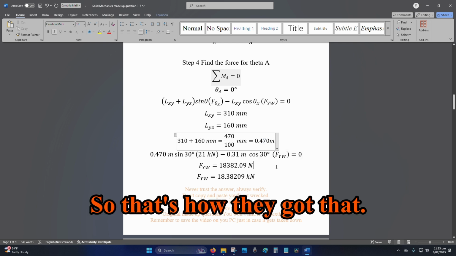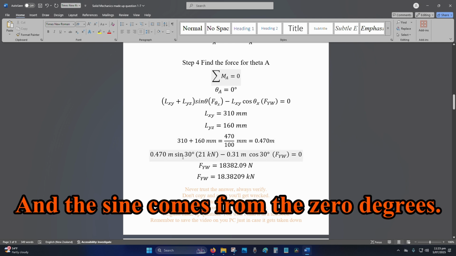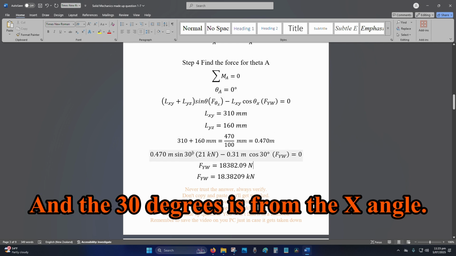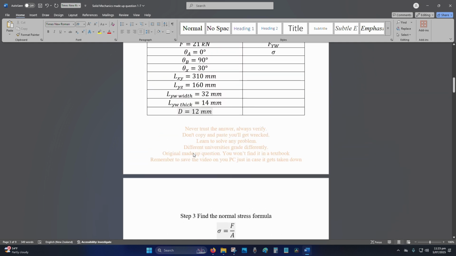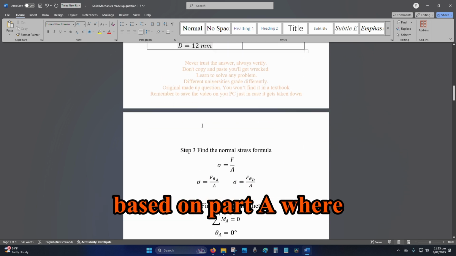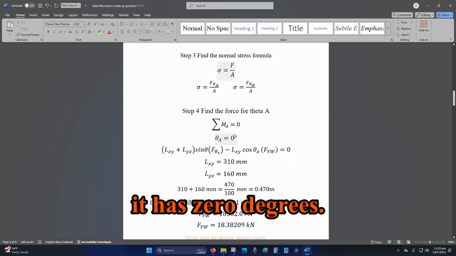So that's how they got that. And the sine comes from the 0 degrees, and the 30 degrees is from the X angle. So 30 represents this, and the sine is based on part A where it has 0 degrees.